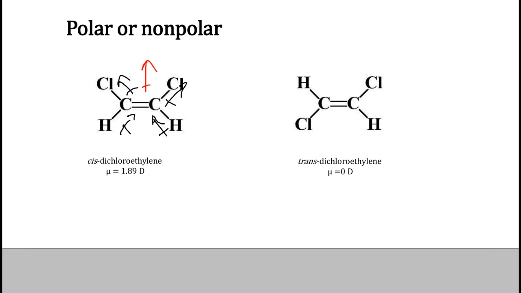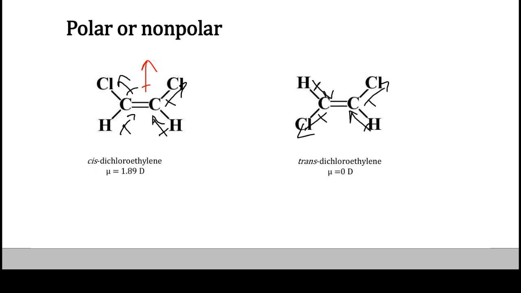Now let's look at trans dichloroethylene. Here we have dipoles that are pointing away from the carbon towards the chlorine and towards the carbon from the hydrogen. Well, how can you tell what's going on with the arrows? It's really hard to tell in 2 dimensions.